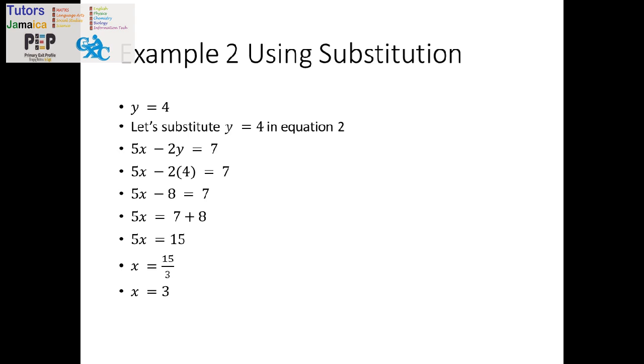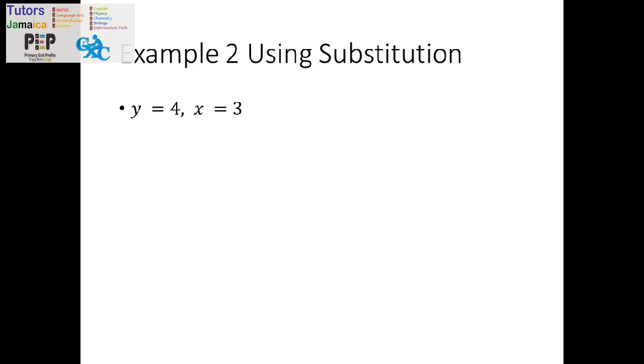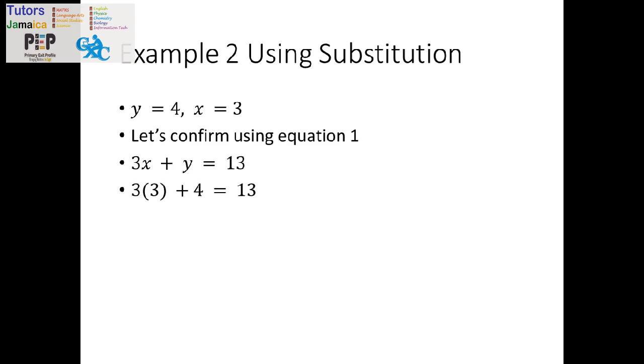So let's check and see what's happening. y is equal to 4 and x is equal to 3. So let's confirm it using equation 1. Equation 1 says 3x plus y is equal to 13. So 3 times 3 plus 4 is equal to 13. So 9 plus 4 is equal to 13.